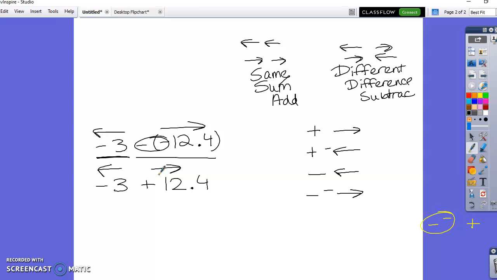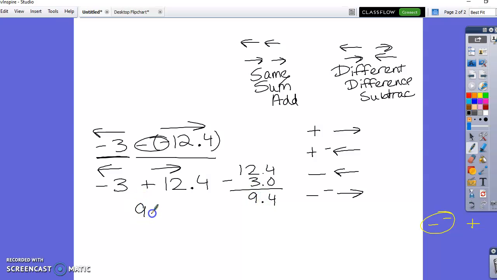So basically you're starting with the number that you have more of. Some of you get this part confused. So I have more positives, so 12.4, take away 3. Whichever number I have more of, if it's more negatives, I'm going to put that on top. Okay, and I'm going to subtract 4, 12 minus 3, 9.